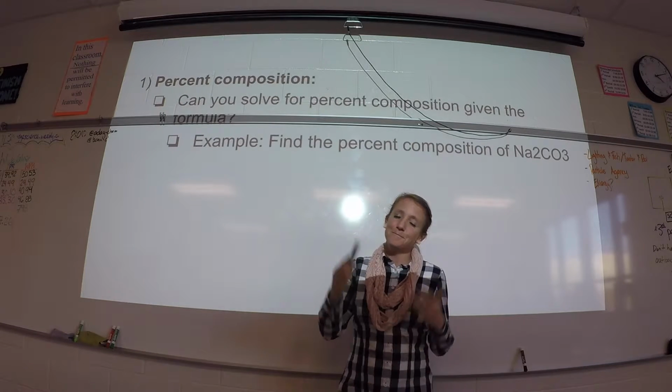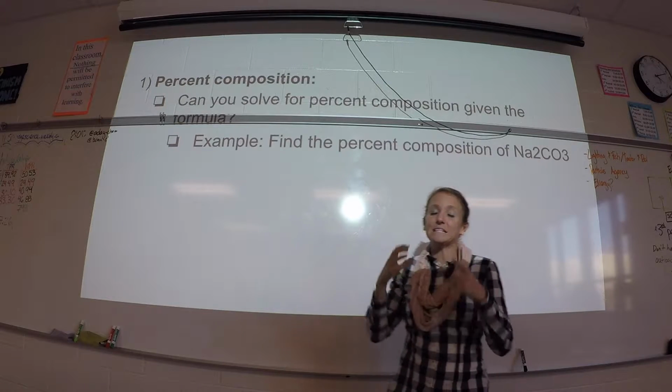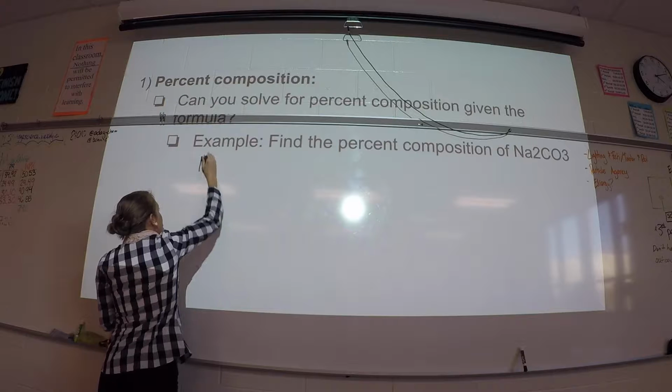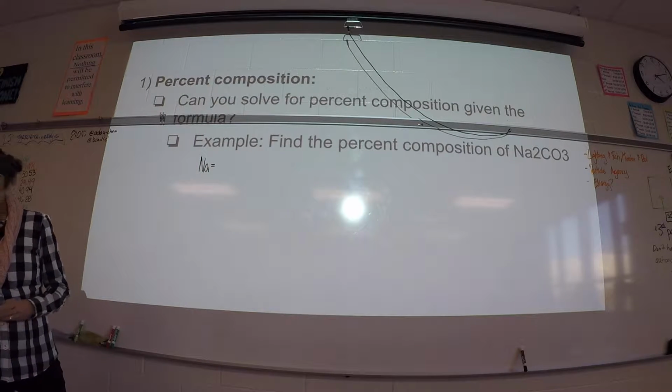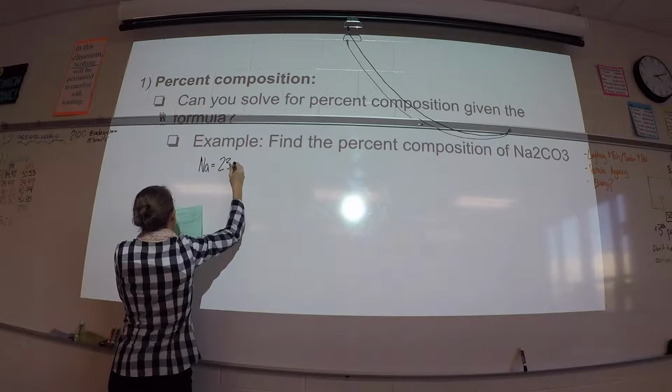Now that you've tried it on your own, let's go through it. The first thing we need is the total mass of the compound. I see that there is sodium in this compound. When you look at the periodic table, underneath sodium, you see that it has a mass of 22.99.